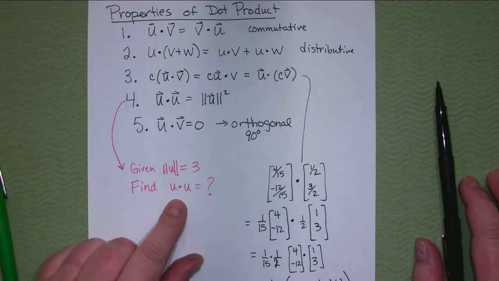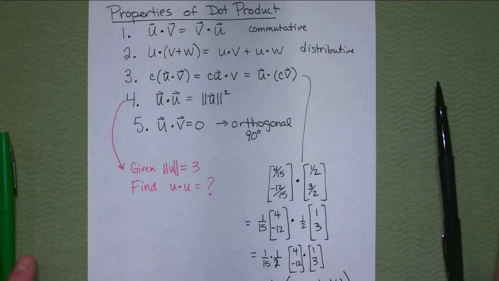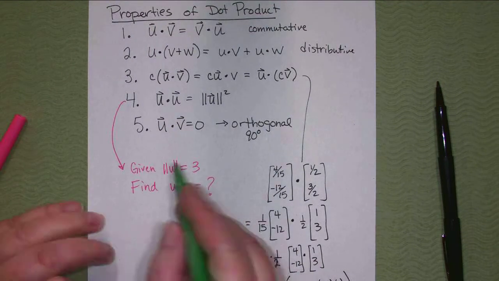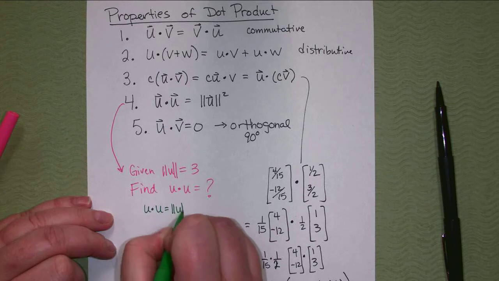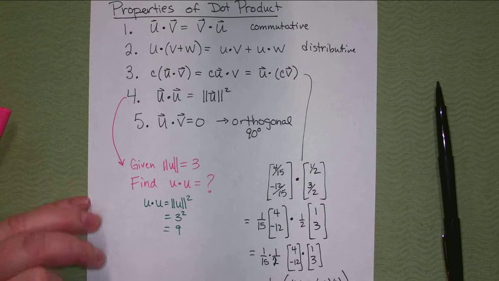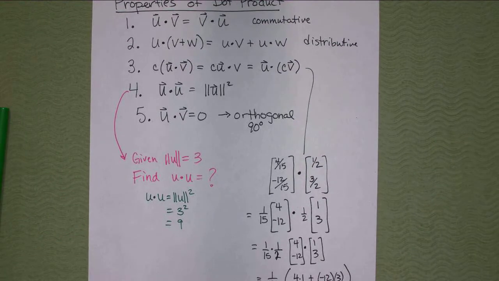Just square it, so the dot product would be 9, right? And you need that on the homework too. So u dot u is the length of u squared, which is 3 squared, so 9. Okay. So that's where you would use the properties.